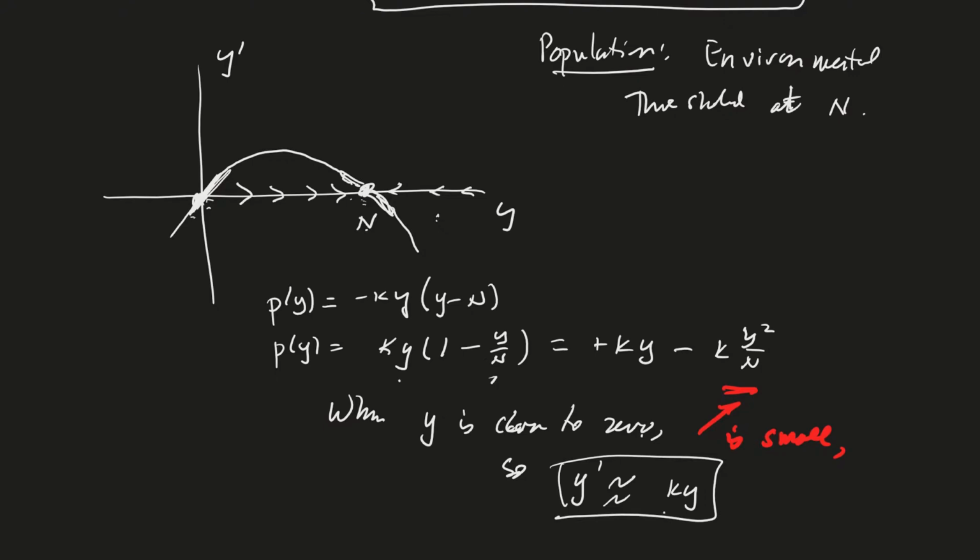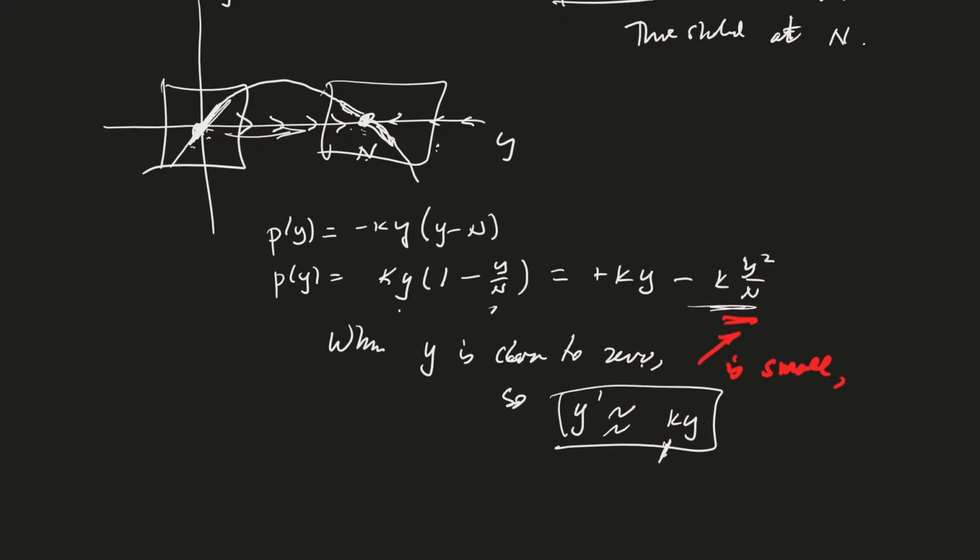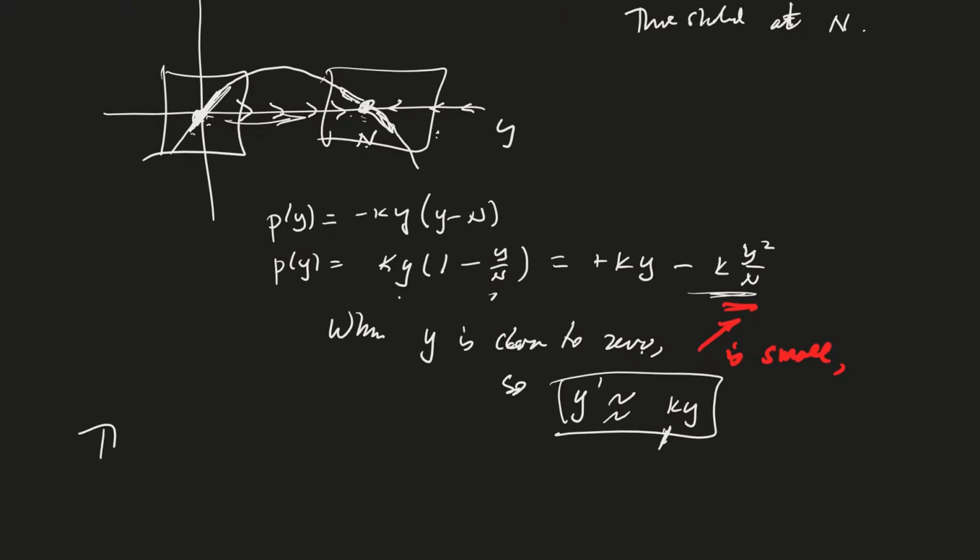So when y is small, then y prime is approximately k times y, which is right in this region. And then what happens as we increase y, then the other equilibrium starts to take hold, and we end up with that situation. Good. And so this is called the logistic model.